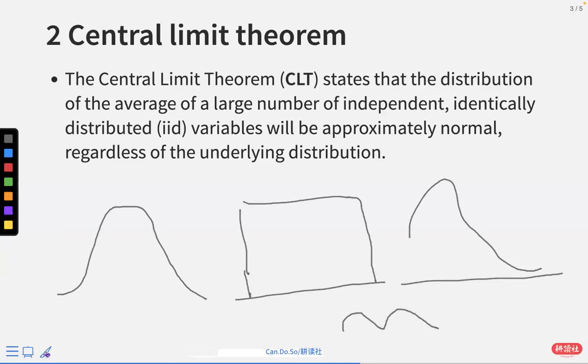If we have a lot of samples, this is one sample, its distribution is like this, and there's another sample of a normal distribution, or another distribution such as a uniform distribution, or another form of distribution.